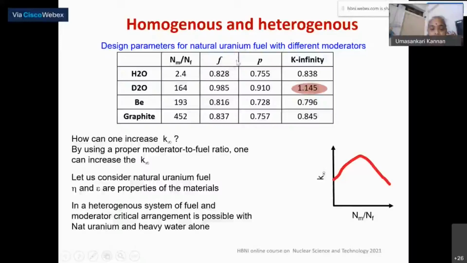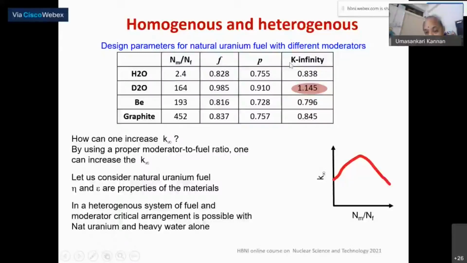Here I have given you some of the most important factors, which are P and F. F is the thermal utilization factor and P is the resonance escape probability. These are some design parameters for a natural uranium fuel with different moderators. The common moderators which we use are water, heavy water, beryllium and graphite. And this is the ratio of the number density of the fuel and moderator. Here you can see that K infinity should be greater than 1.